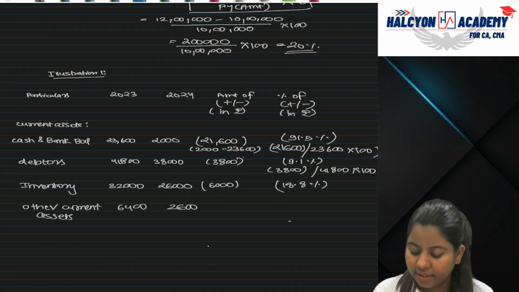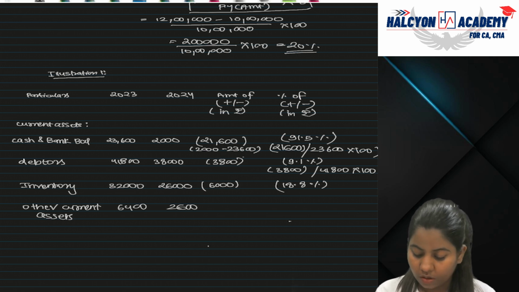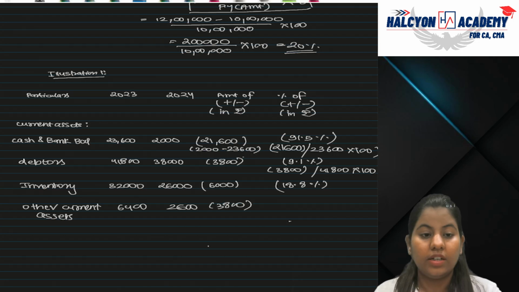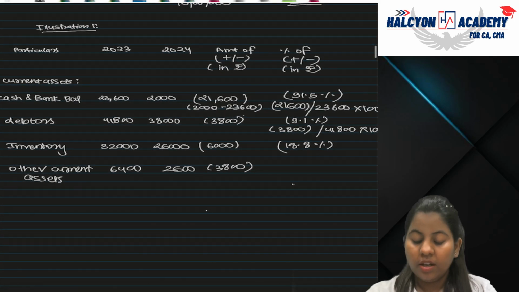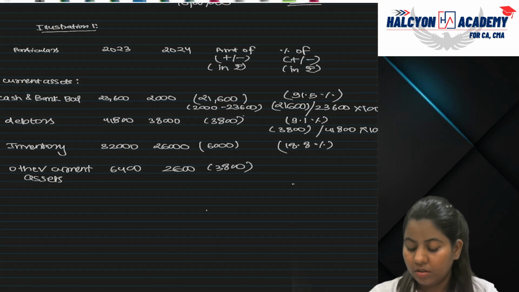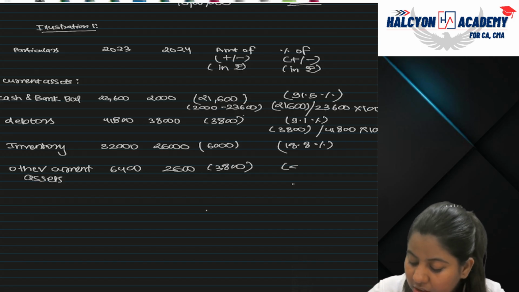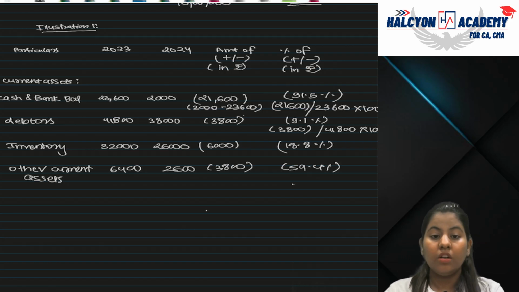Again it is decreasing, by 3,800 rupees. What will be the percentage change? 3,800 rupees in minus divided by 6,400 into 100. It will be minus 59.4%.